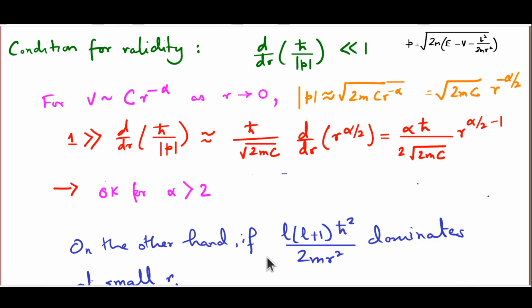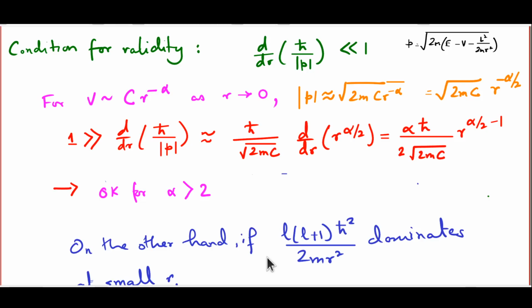Now, as long as alpha is bigger than 2, we are fine with this condition as r goes to 0. On the other hand, alpha bigger than 2 is exactly what you want for our conclusion about the behavior of mod p to really work, because if alpha were less than 2, then the centrifugal potential barrier term l(l+1)ħ² by 2mr² will dominate, except in the situation where small l is 0.